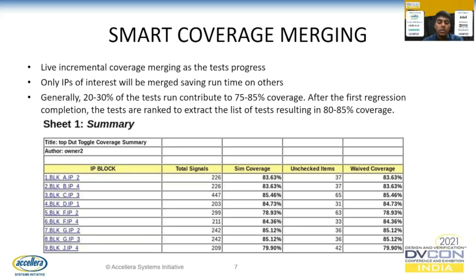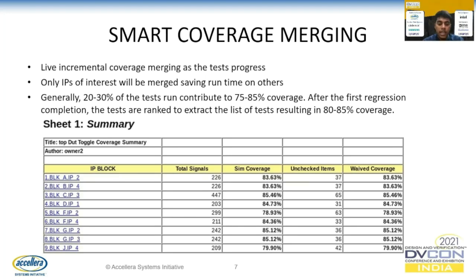Generally, 20 to 30% of the tests contribute to 75 to 85% of the coverage. After the first regression completes, the tests are ranked to extract the list resulting in 80 to 85% coverage. So in subsequent regressions, we don't have to run all the tests to hit the coverage. We know the majority of tests we have to run to get the maximum coverage.